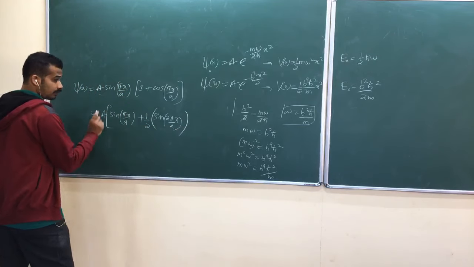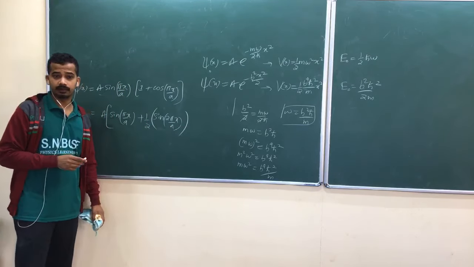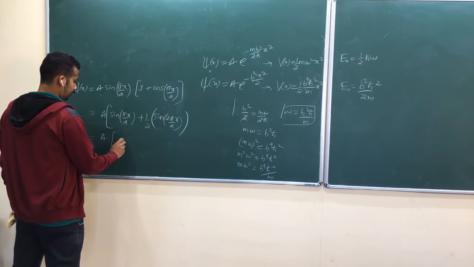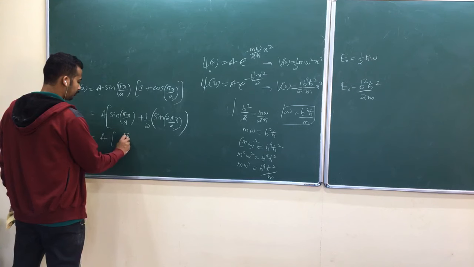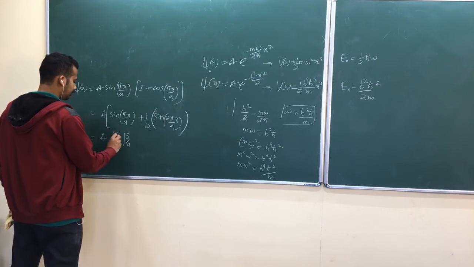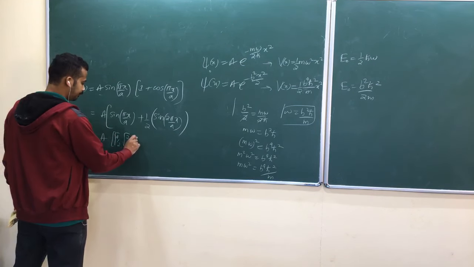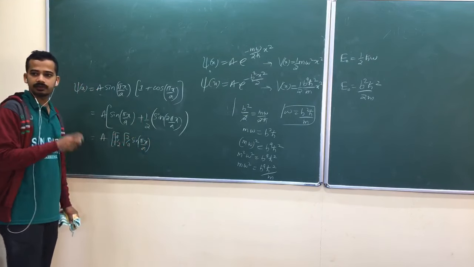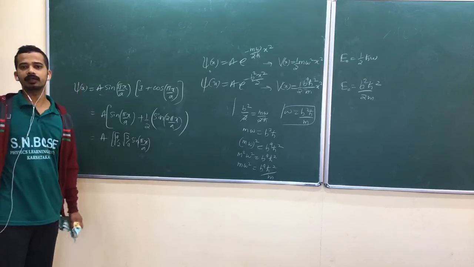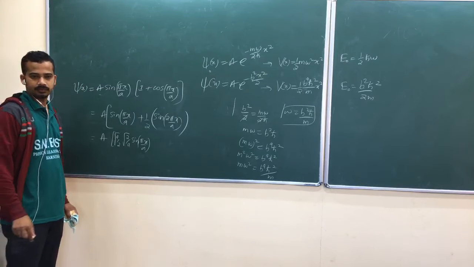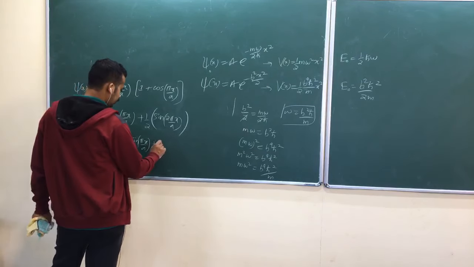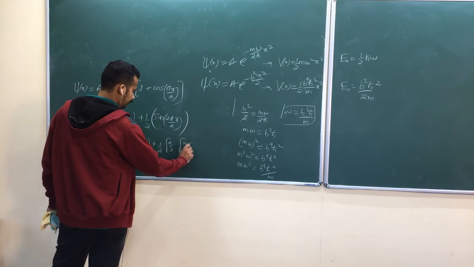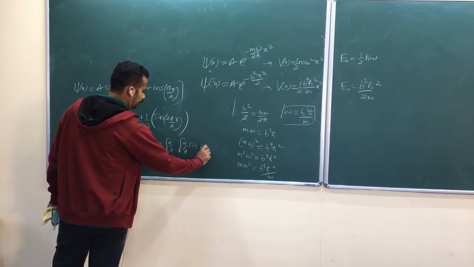Wait a second. You have to find the normalized wave function. Be careful. A into, what I do here is I will keep root of 2 by a and I will keep root of a by 2, because whenever you write that linear combination, the individual thing should be a normalized wave function. Is that okay? So, plus 1 by 2 root of a by 2 root of 2 by a sine 2 pi x by a.